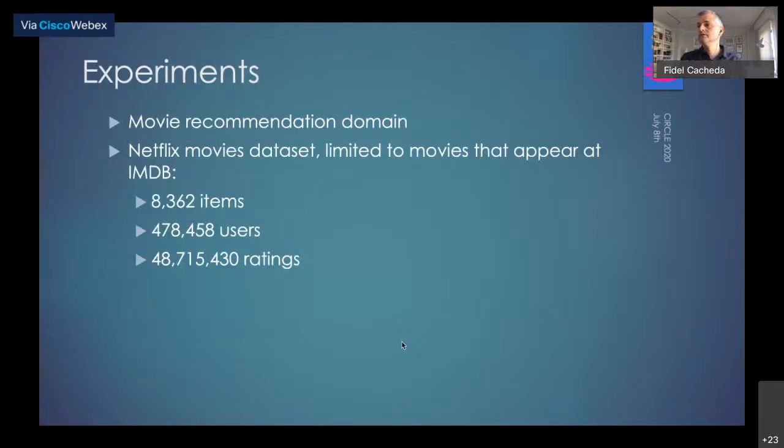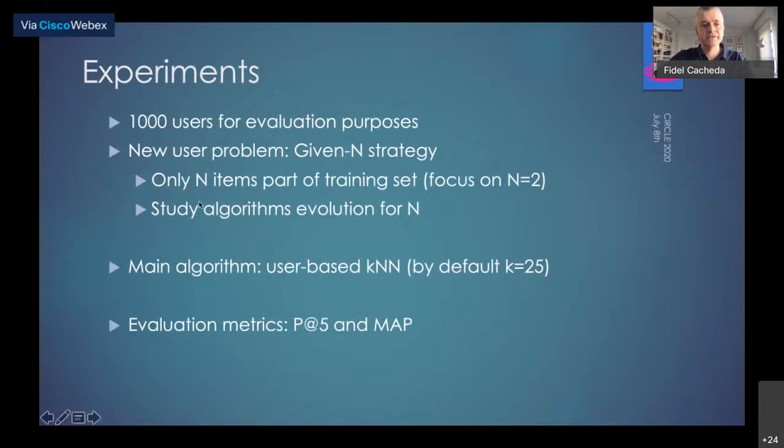So for our experiments, we work in the movie recommendation domain. We are using the Netflix movie data set, and we limit the movies to those that appear on IMDb. So we are working with roughly 8,000 items, 478,000 users, and 48 million ratings. For the experiments, we take 1,000 users for evaluation purposes.